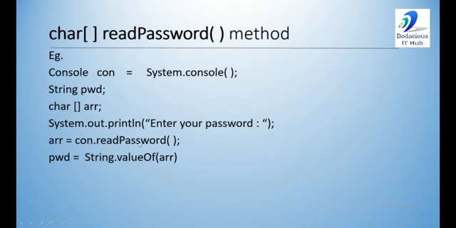This will not be displayed on the screen, and whatever text the user enters will be returned as an array of characters, and the reference to that array will be assigned to variable arr. Now using the valueOf method of the String class, we are converting this character array to a string. So the password will be converted to a string and assigned to variable password.